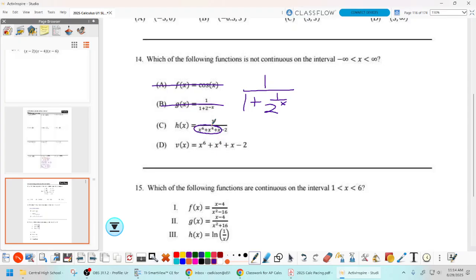Huh? Some chance that it does. I don't know if I agree with that. Do you guys remember what even polynomial graphs look like? Or potentially look like? Well, remember, first of all, they have the same end behavior on each side. But remember, they can like do this kind of stuff, right?